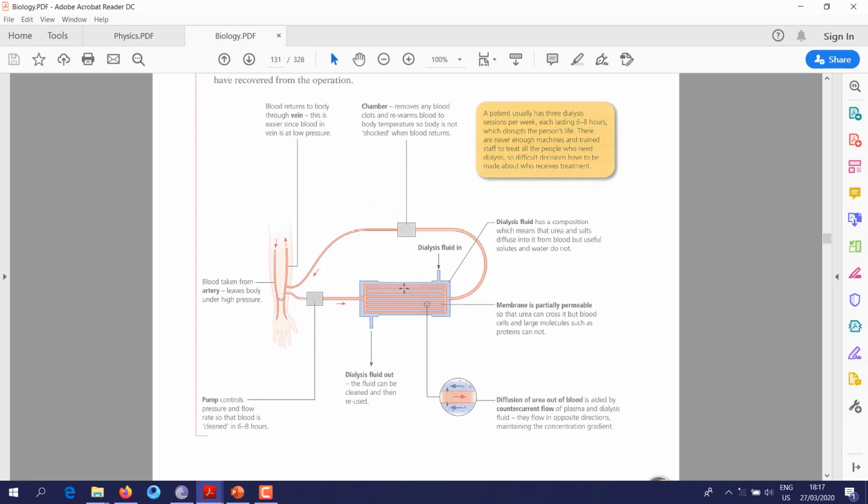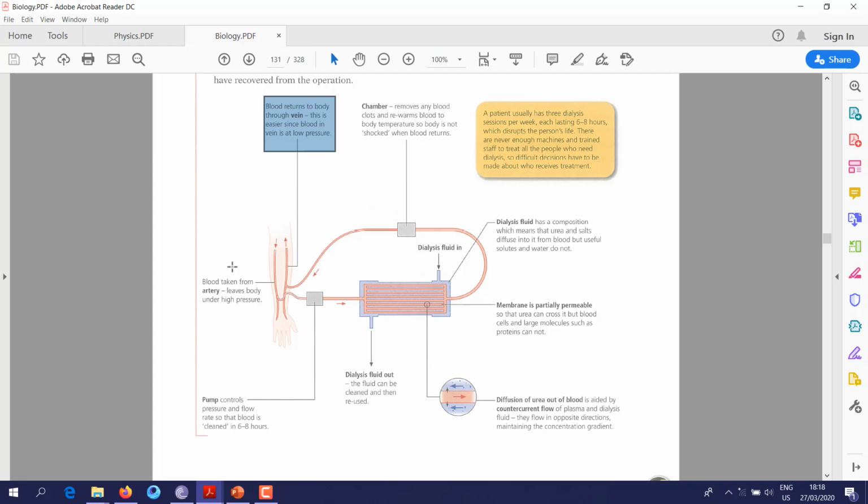This machine has chambers and tubes inside it, and there is a fluid in it. This fluid takes the wastes out, and then the filtered blood is returned to the body through a vein.